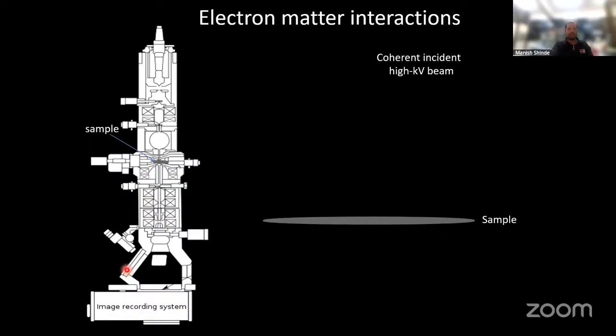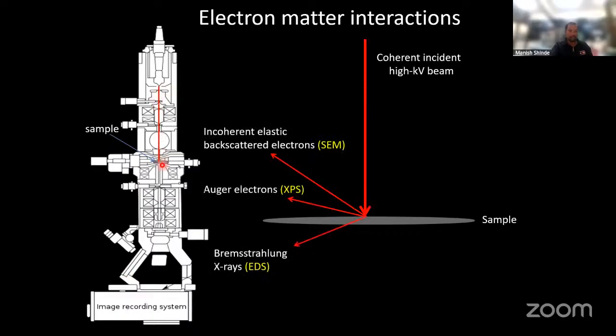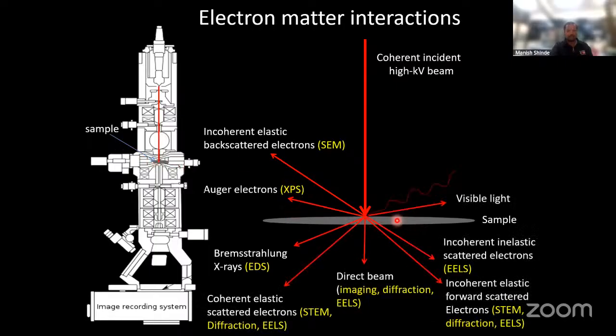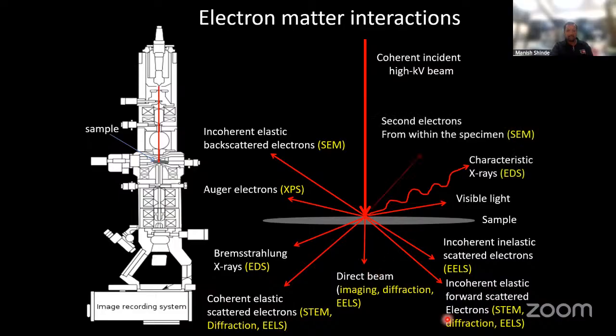So this is how an electron and matter interaction takes place when the electron beam is generated. Now the electron beam is generated from here. It is interacting with the sample. So this is your sample. Some visible light is generated in the reflection mode. Some X-rays are generated. Some secondary electrons are generated. Some backscatter electrons are generated. These are basically incoherent elastic electrons. And some Auger electrons are generated.